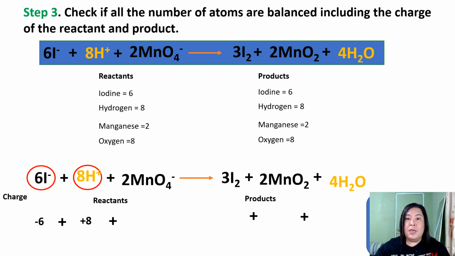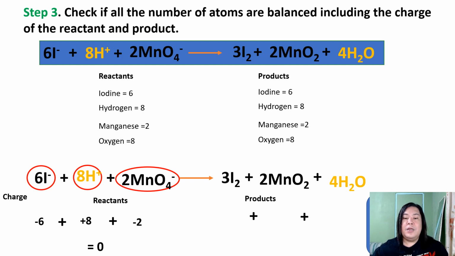Since meron tayong numerical coefficient dun sa chemical formula, yung numerical coefficient na yan will be multiplied doon sa charge. So, 2 times negative 1, since ang permanganate ion is negative 1, you will have negative 2. And then add all this up, and then you will get 0. Diba? Negative 6 plus negative 2, that is negative 8, plus positive 8 is equal to 0.